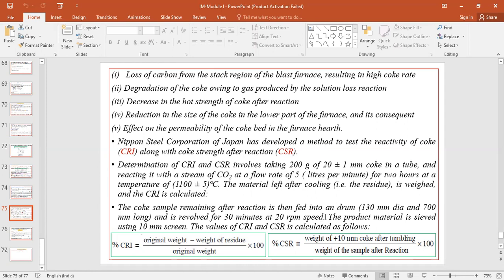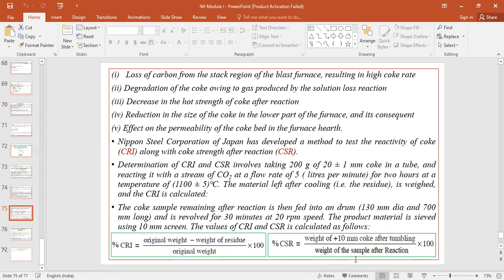And then you collect the sample and screen that particular material using a 10 mm screen, and then you can find out the coke strength after reaction by using this particular formula.